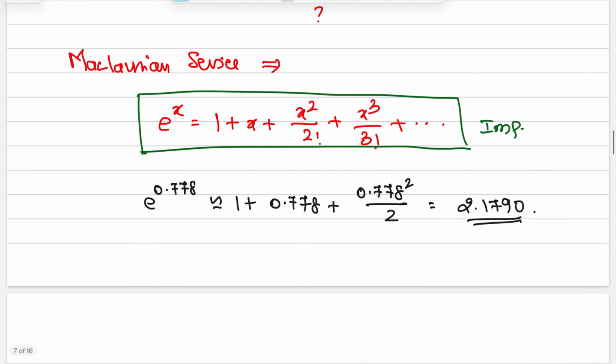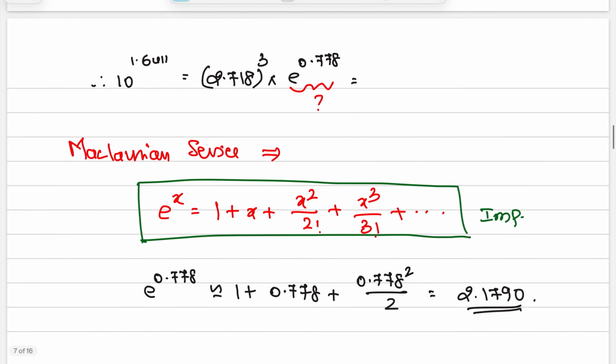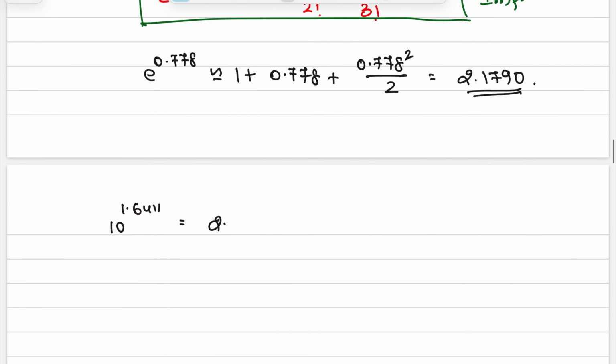Now, what will be the value of 10 to the power of 1.6411? That will be equal to 2.718 whole cube into 2.179, that means approximately 43.752.